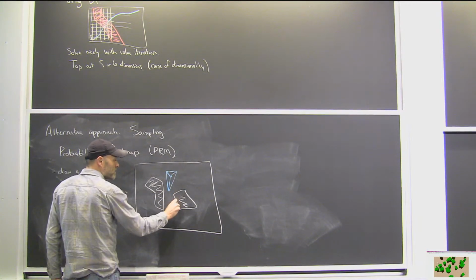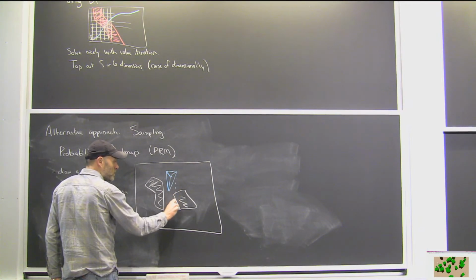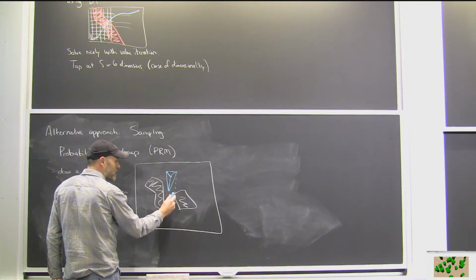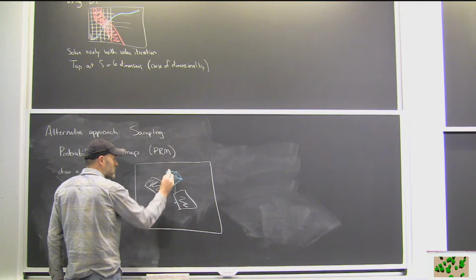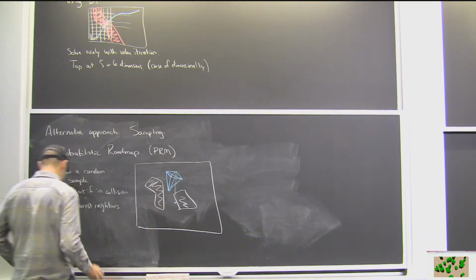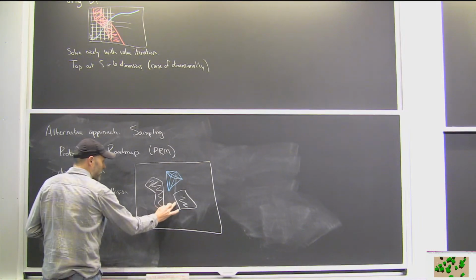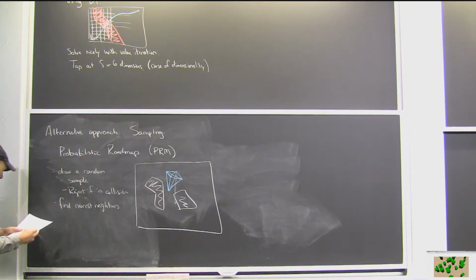If my connection would go through an obstacle, then I don't make that connection. Okay, but otherwise I'm going to start trying to wire myself up to all of my neighbors. And I get these relatively dense connectivities depending on how the obstacles are arranged.